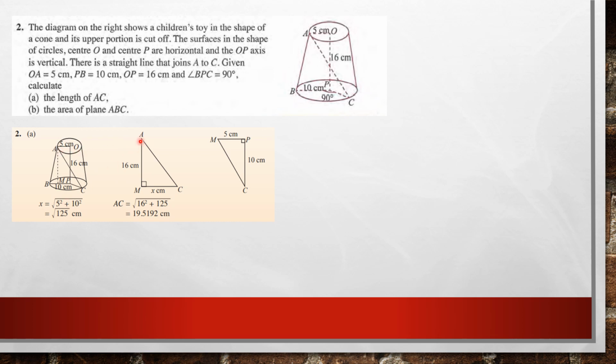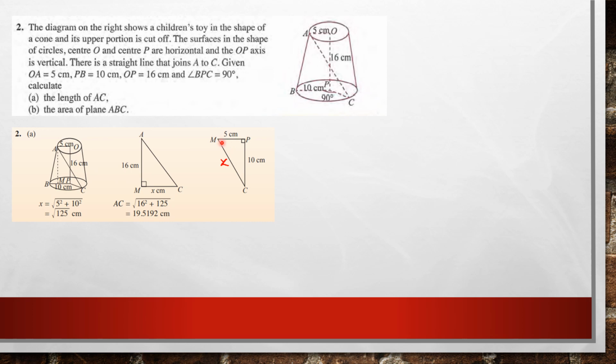5 is this one, OA, that is from M to A... So 5 squared plus 10 squared. Okay, I can label here 5 squared plus 10 squared. This is your MC. So MC here is the value of X. This is the triangle, and MP is 5, PC is 10, the triangle at the base here, MPC.